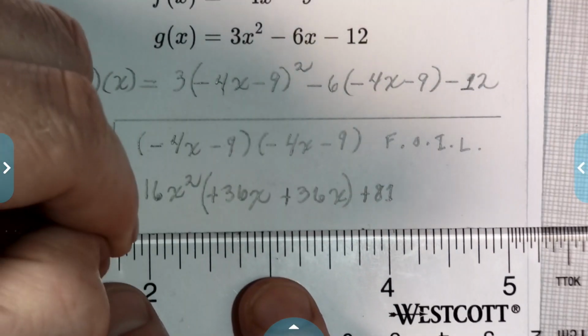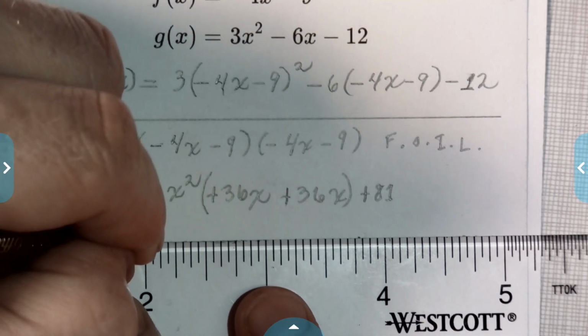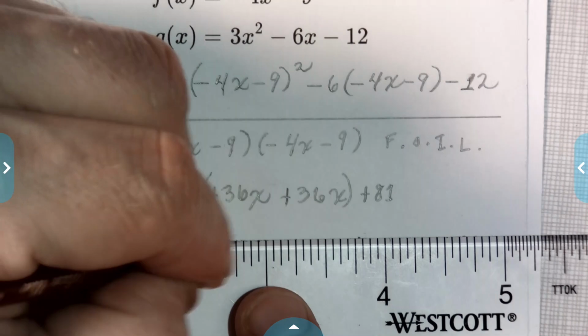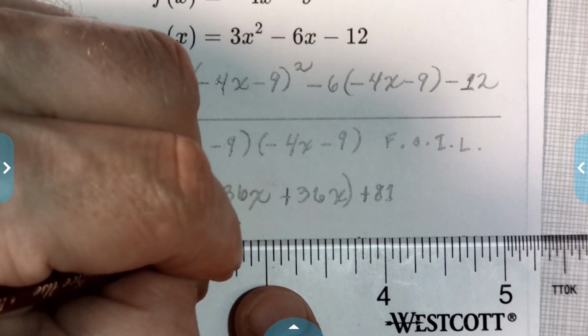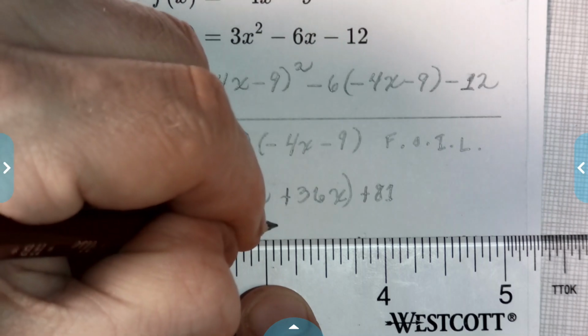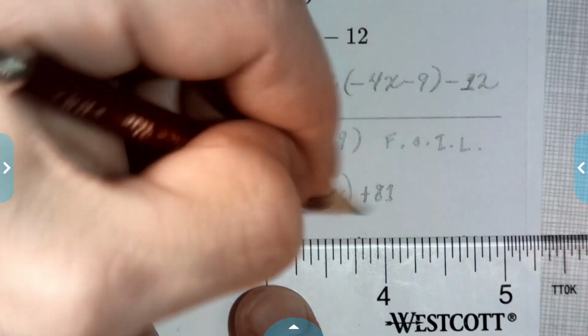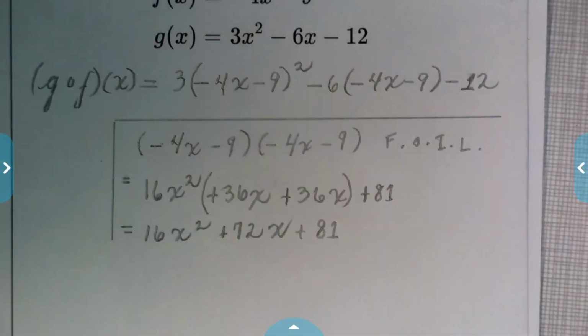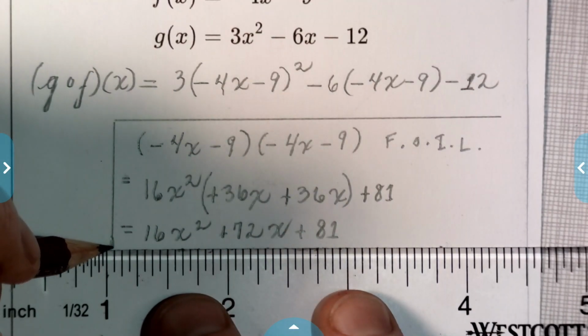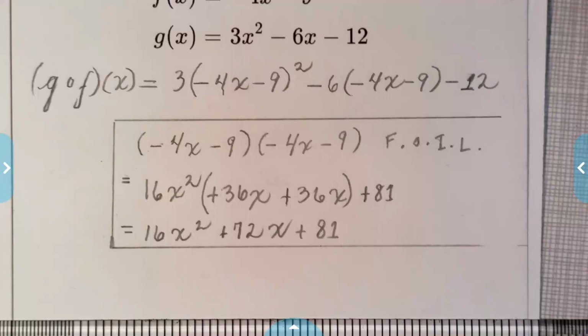So this is going to equal 16x squared plus 72x plus 81. All right, and so that was, I think, a good idea to carve out and do separately.